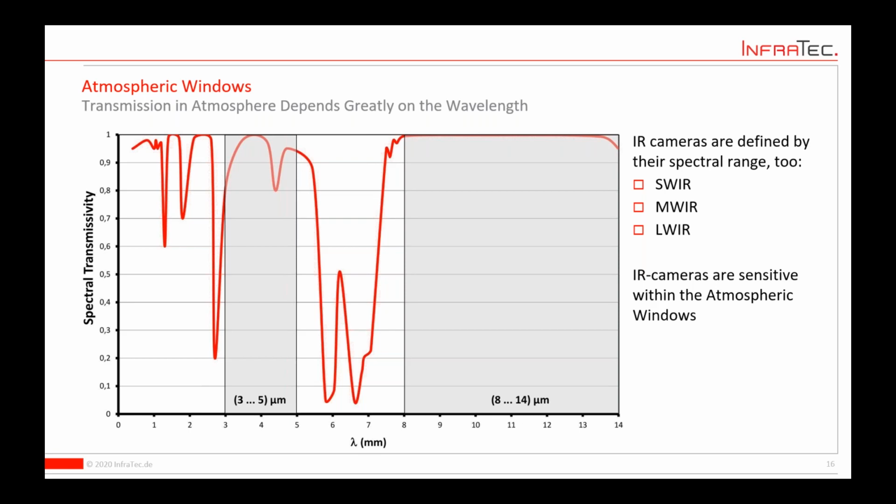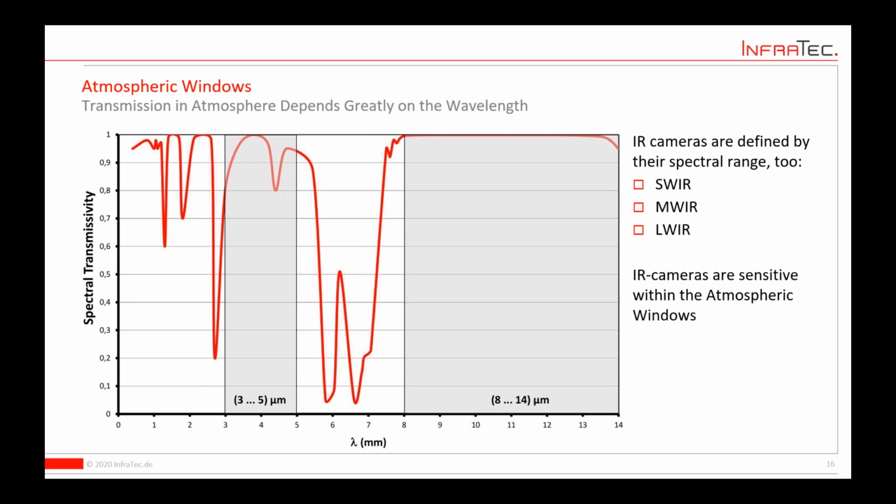You see that there we have a good transparency, and that's why the commercially available products are sensitive in these windows. So you will hardly find any camera that is sensitive at 6 micrometers, for instance.